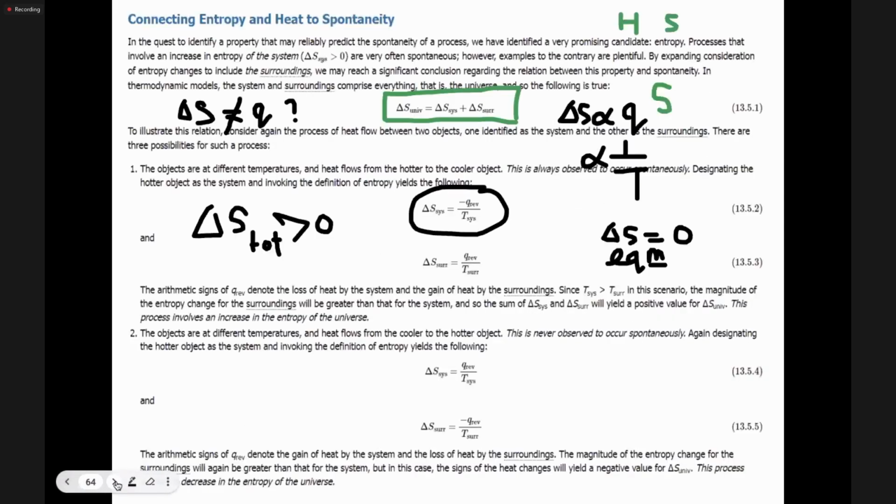As we move through this equation, the arithmetic sign of Q reversible denotes the loss of heat by the system and the gain of heat by the surroundings. In this case, T system is greater than T surroundings. So what will the sum of delta S system and delta S surroundings be?